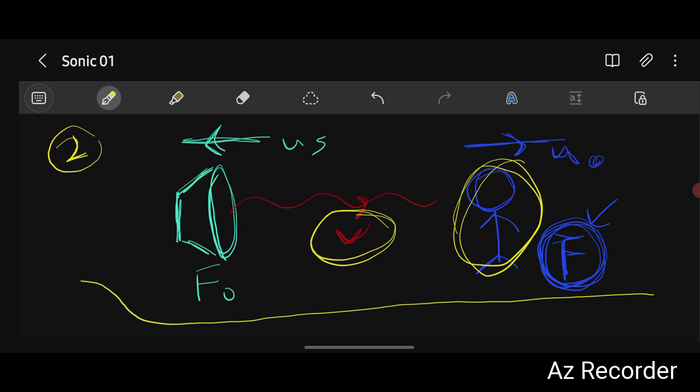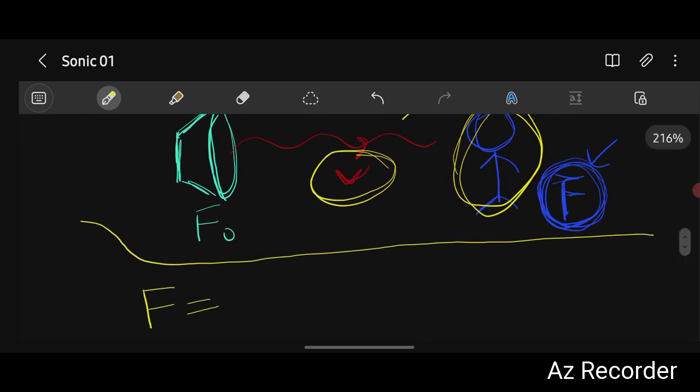Okay, so you see that these two velocities are in the same direction. That means we want to subtract the observer velocity.